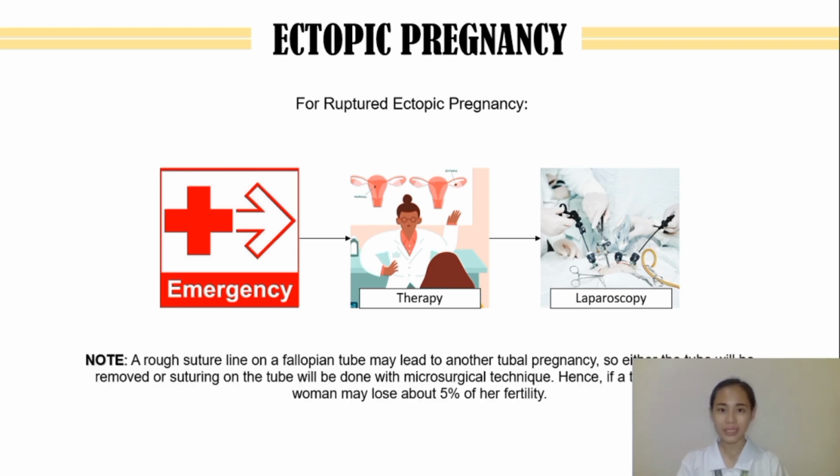A rough suture line on a fallopian tube may lead to another tubal pregnancy, so either the tube will be removed or suturing on the tube will be done with microsurgical technique. Hence, if a tube is removed, a woman may lose about 5% of her fertility.